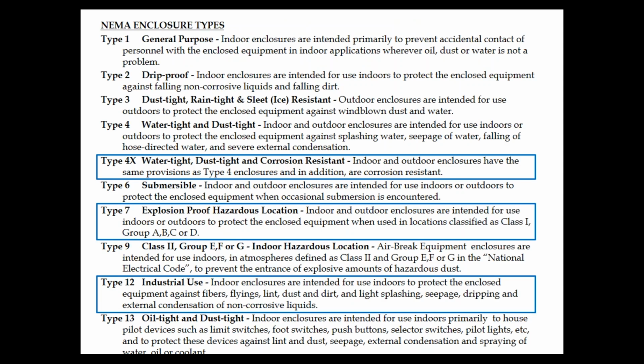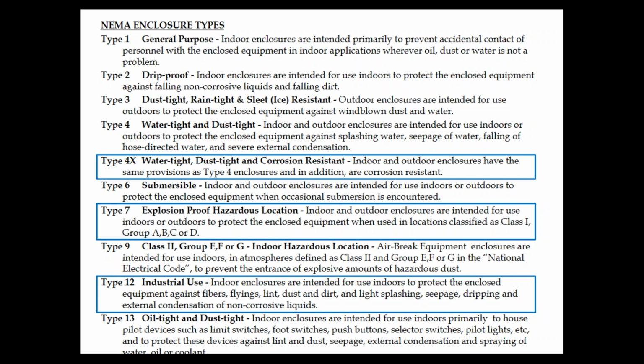The last thing we should know about the basics of installing a gas detection system is what type of enclosure this equipment is put in. Of course, I left some of these out just so it would fit on the slide, but there are typically 13 different types of enclosures.